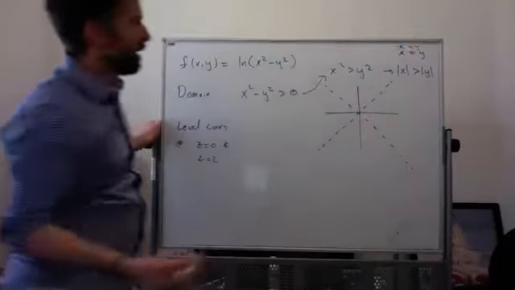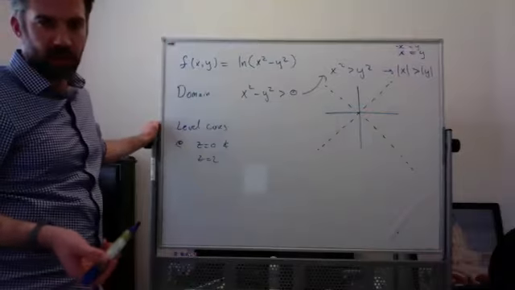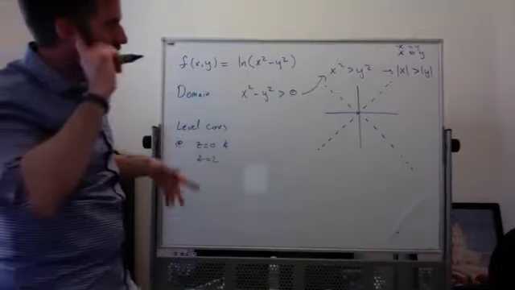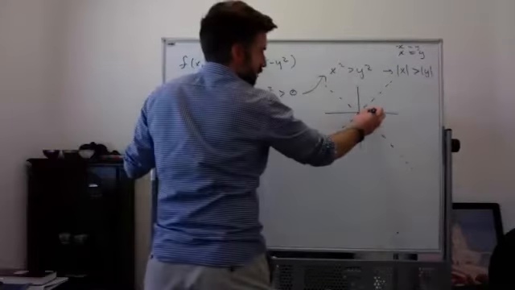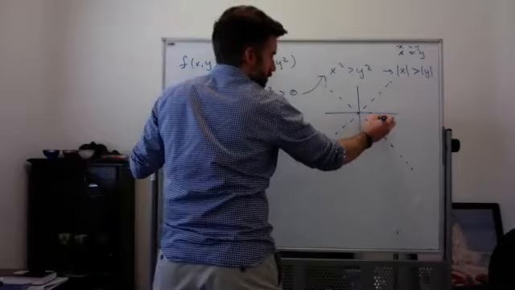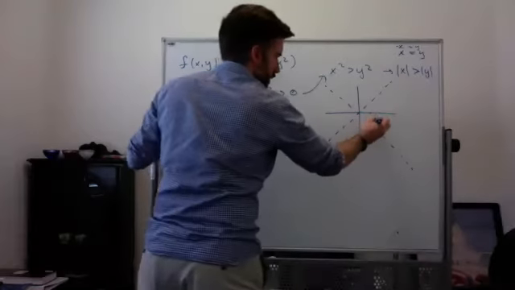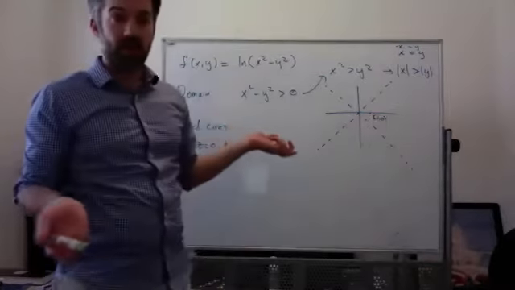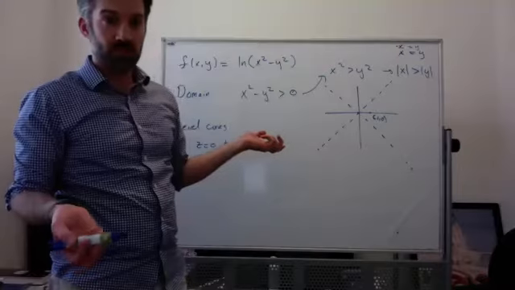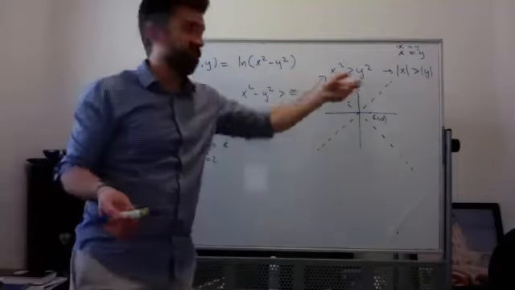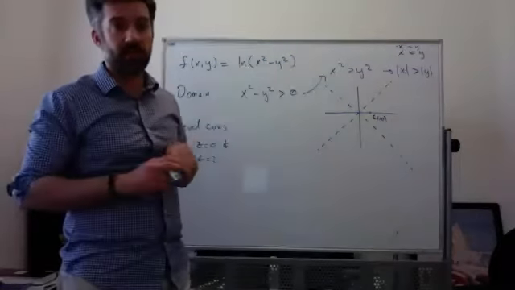So these two lines are where things change, and I'm going to test some points. So I test the point (1, 0). Is (1, 0) in my domain? If I plug in 1 for x and 0 for y, is this inequality satisfied?